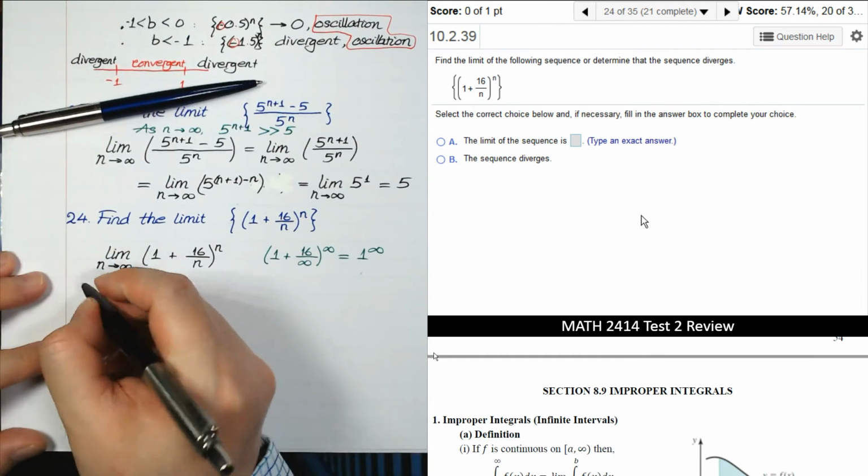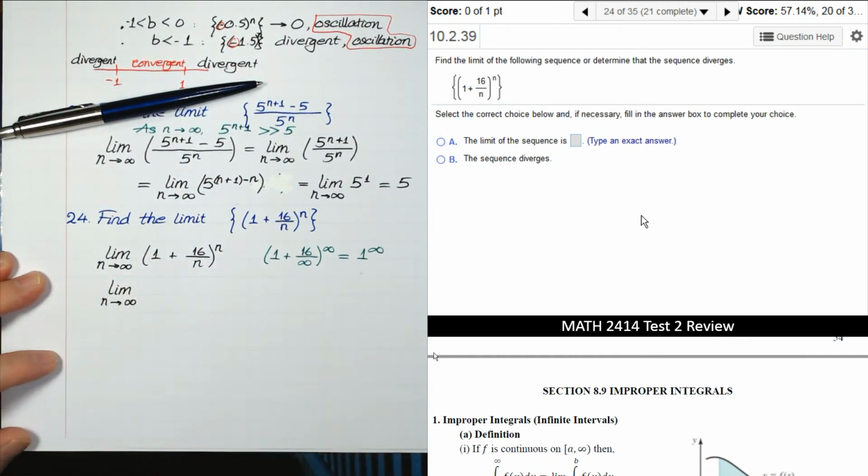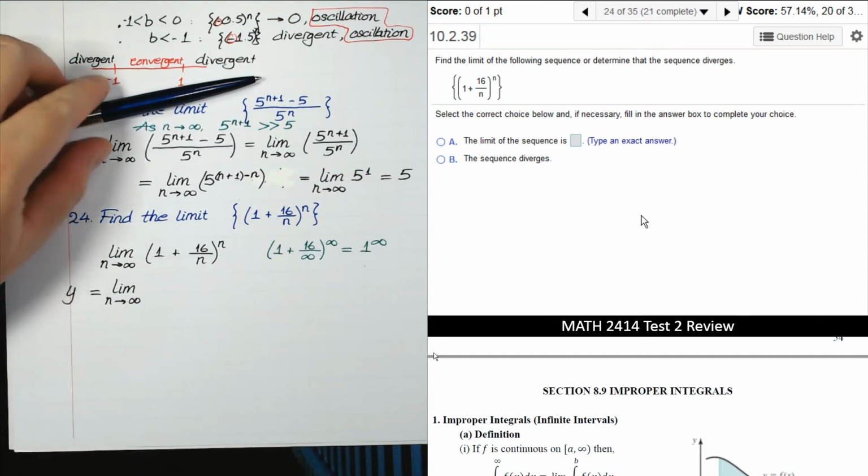So what we do for this problem is we let this equal y, and we'll take ln on both sides.